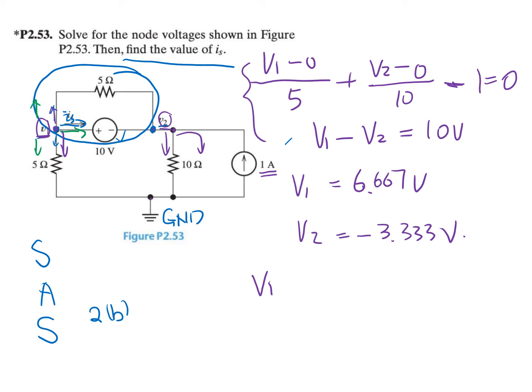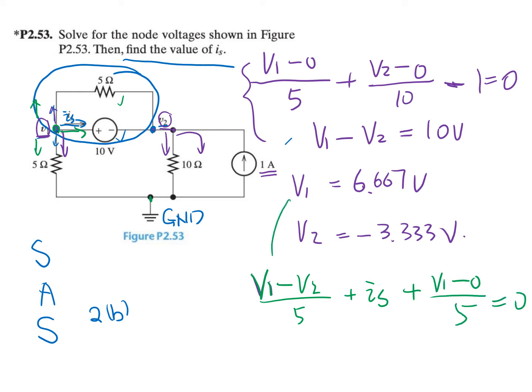Similarly, V1 minus V2 divided by 5 plus Is and plus V1 minus 0 divided by 5, that's equal to 0. And we substitute in V1 and V2. We are going to be able to calculate Is as equal to negative 3.333 amp.